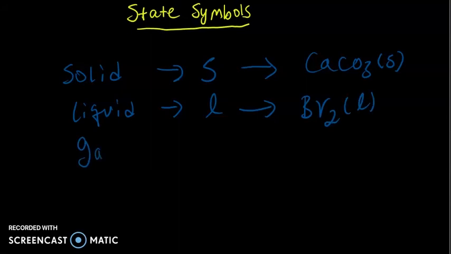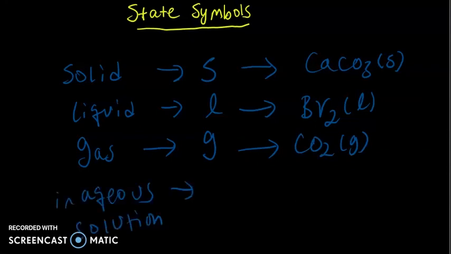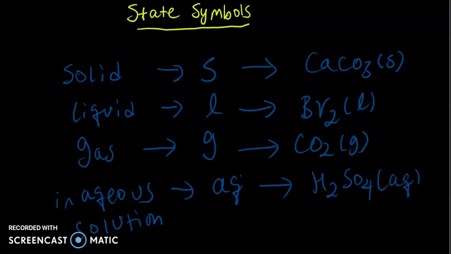We have gas, and the symbol for it is G, with carbon dioxide as an example. Then we have aqueous solution, and the symbol is AQ, with sulfuric acid aqueous as an example. Aqueous is basically when you dilute a concentrated form of a substance, you make it aqueous.